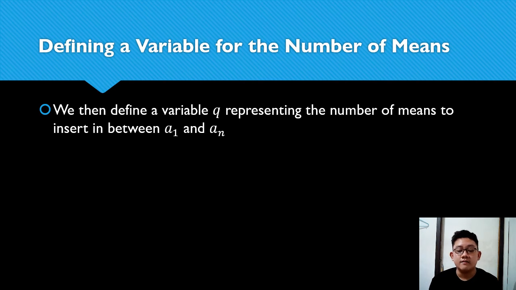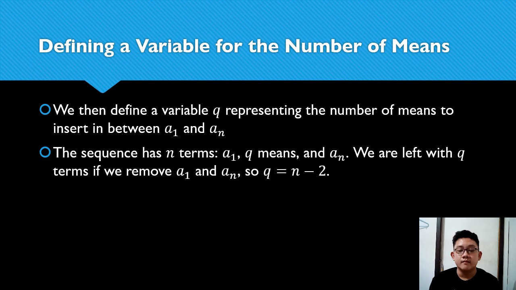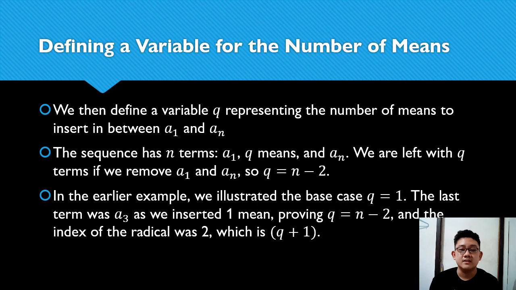Again, we define the variable q. The logic was very similar, except the quotient has now become the index of the radical. If you do not see an index of the radical, it's implied to be 2, since square roots are commonly written without their indices.